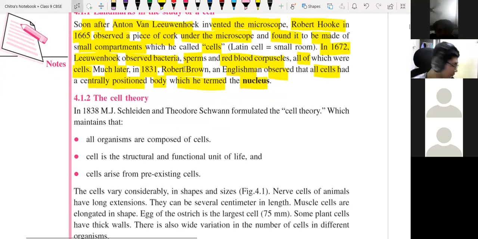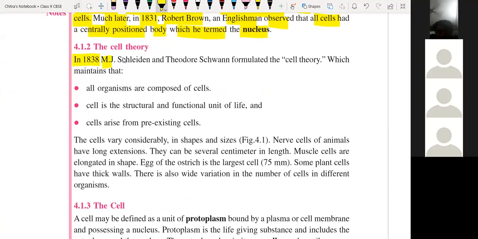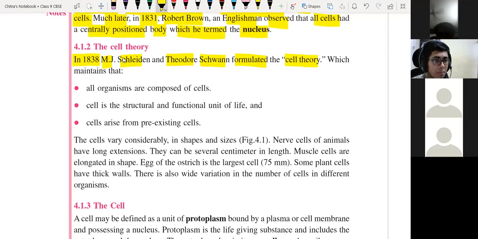Now we are going to discuss the cell theory. In 1838, M.J. Schleiden and Theodor Schwann, we generally say Schleiden and Schwann, formulated the cell theory. These two scientists worked together on it. According to them, all organisms are formed by cells only, whether unicellular or multicellular.